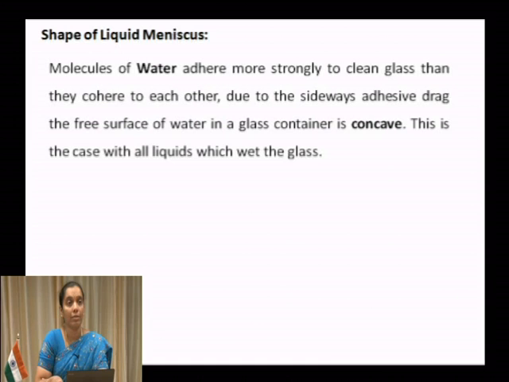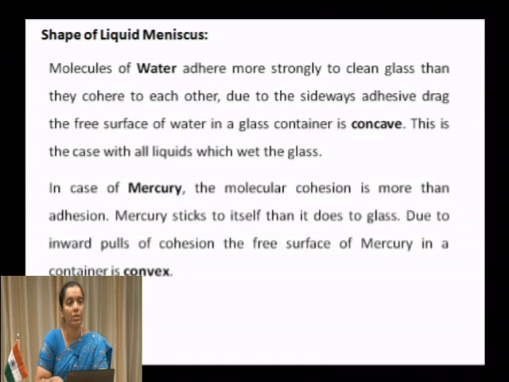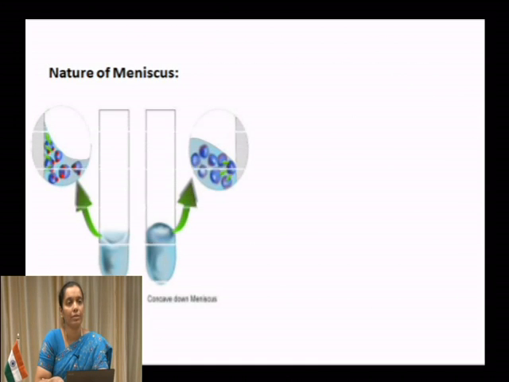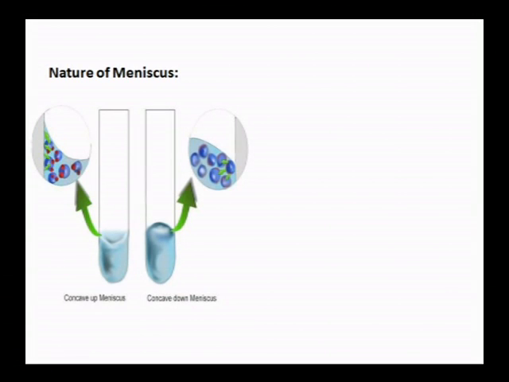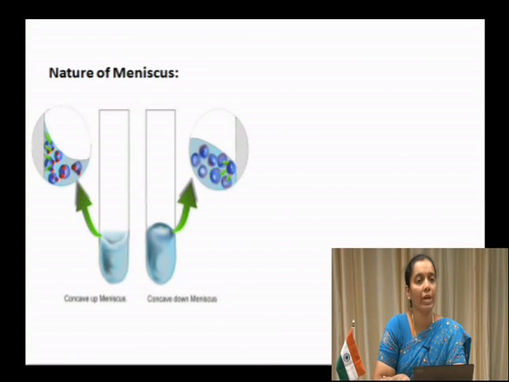Hence, the wetting liquids take a concave shape as in the slide here. First is the concave shape of wetting liquids. The second one is the convex shape of the non-wetting liquids.